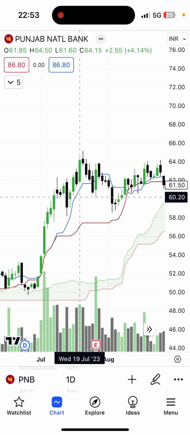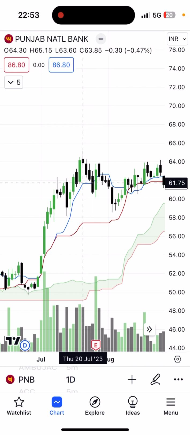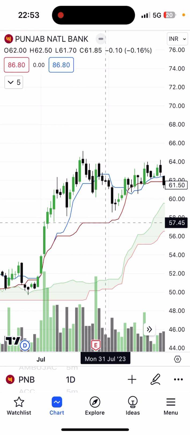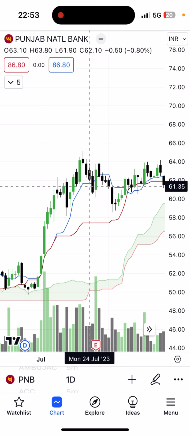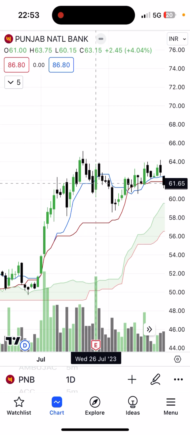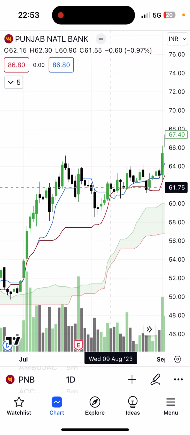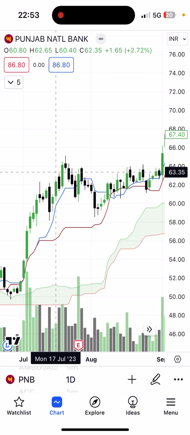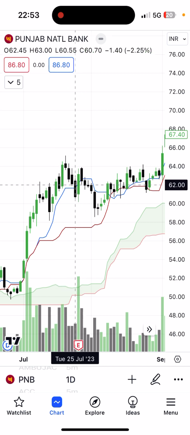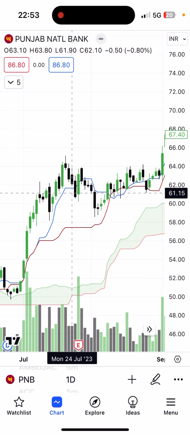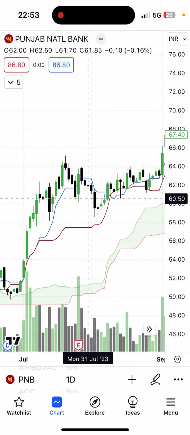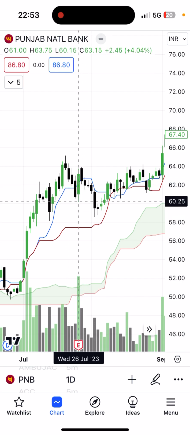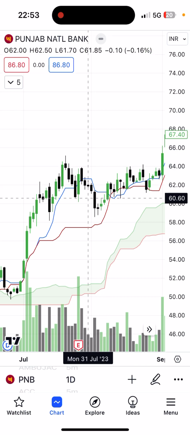Then it forms something in Ichimoku that's called the C section. It appears like a C. Once it comes to the C section, the stock tends to consolidate or come and retest this blue line or this red line, or it can trade below the blue line, and then again it can go up.